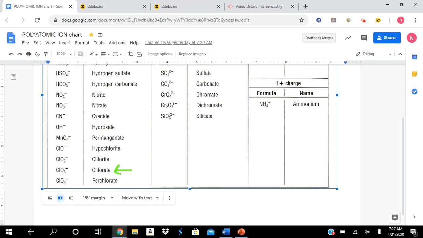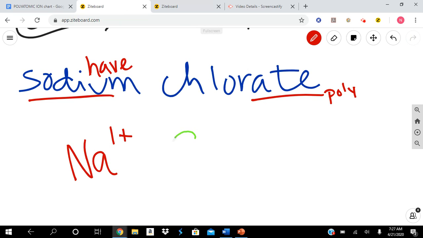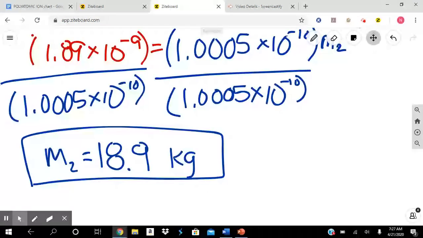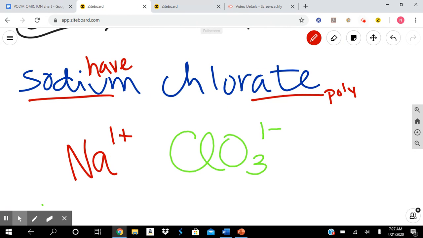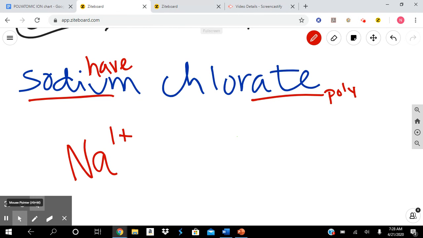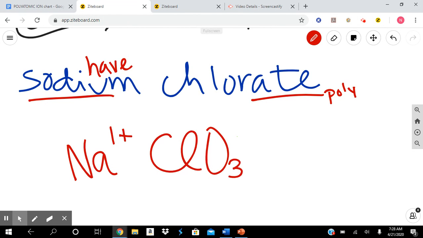So the ion is ClO3, and its charge is 1 minus. Okay, so it's ClO3, and its charge is 1 minus.